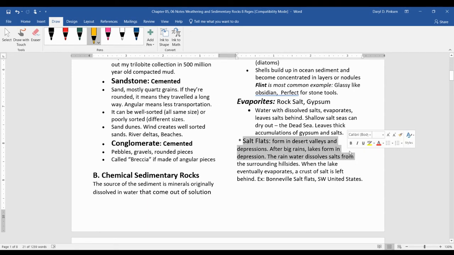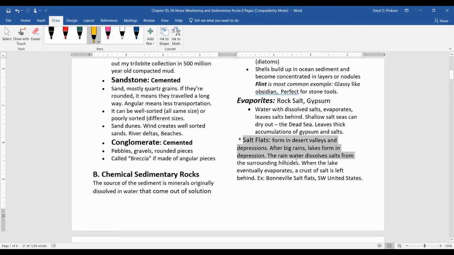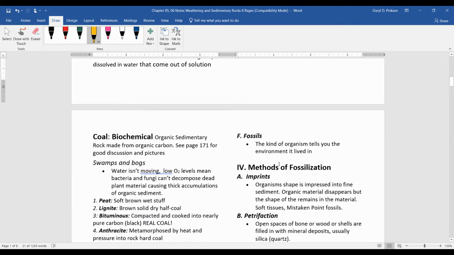And you saw the video in class where temporary lakes in the desert have dissolved salts out of the mountains. All of that rainwater will wash down into the valley, and then evaporate and leave salt behind. The Dead Sea in the Middle East is another example of an evaporite deposit.